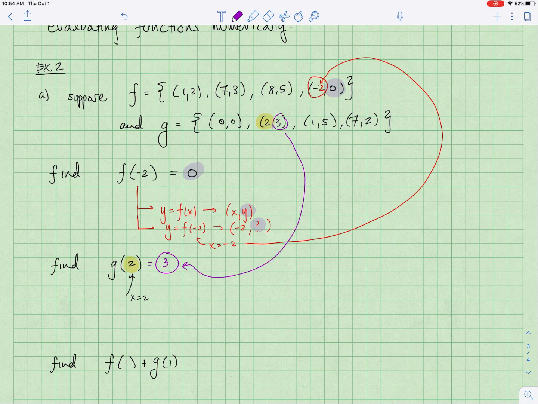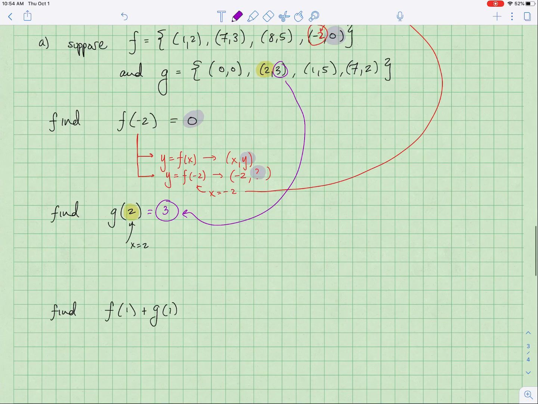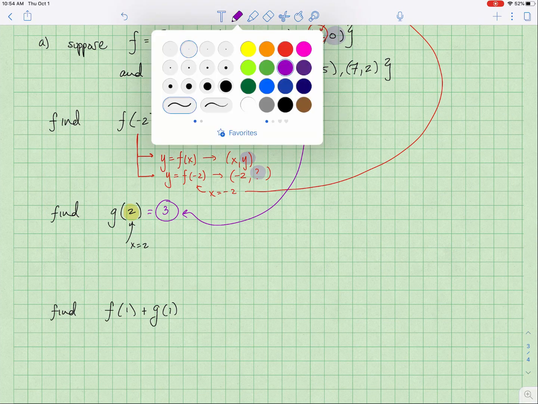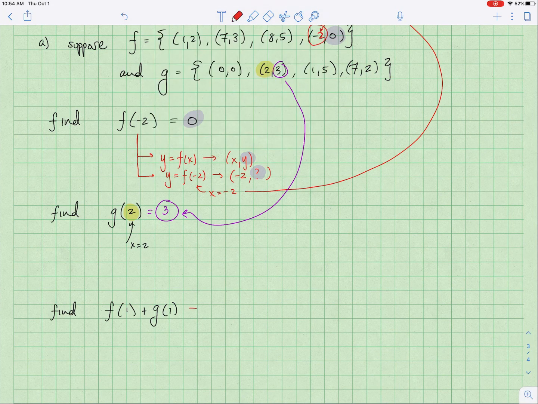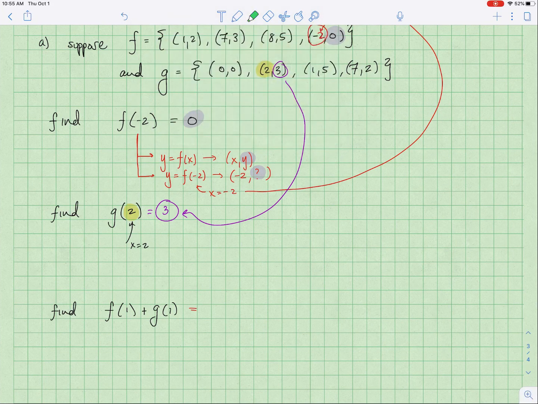And then we have something a little bit different here. f of 1 plus g of 1. Well, that is the following. That's going to be equal to, for f of 1, the x value for f is 1, and it looks like the y value that goes with that is 2.